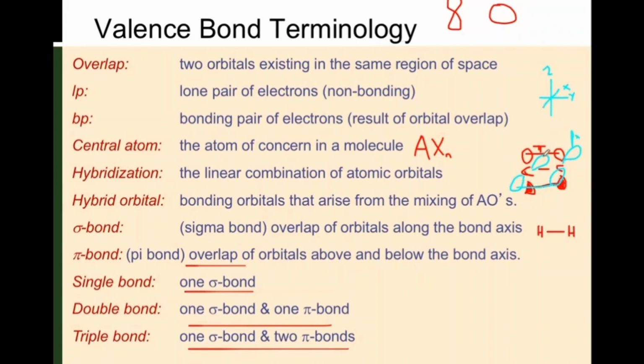They can overlap sideways, in and out of the page. And so that's a triple bond. This is also a pi bond here, this one in the blue or cyan color. So we've got two pi bonds and a sigma bond in the middle part here. And so that would be a triple bond.